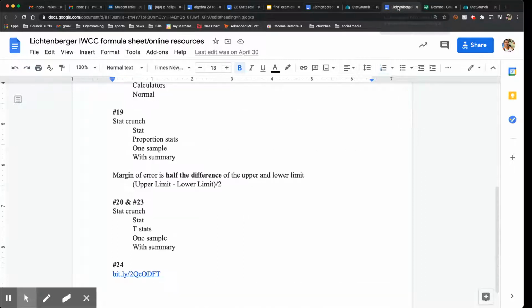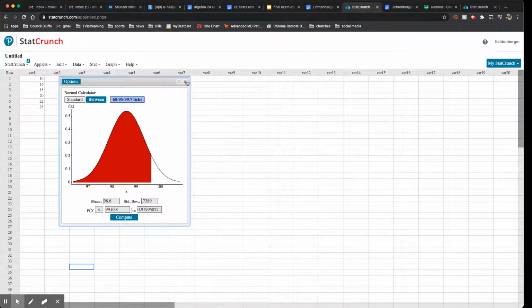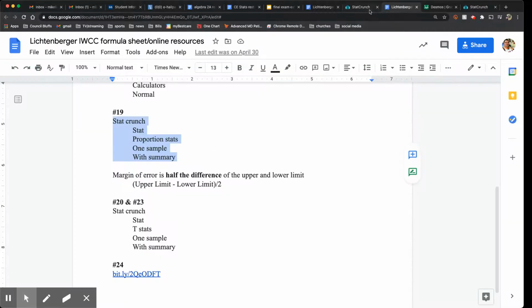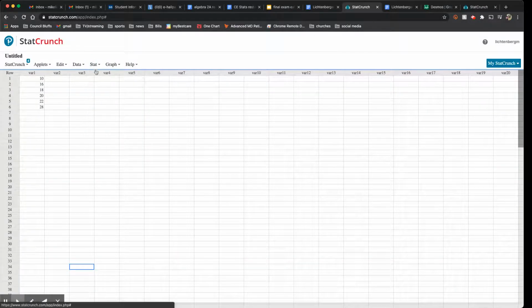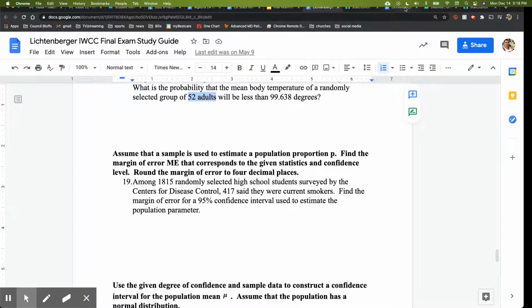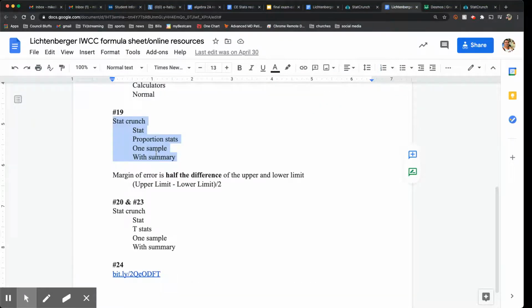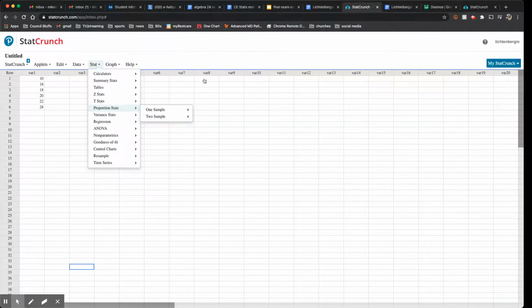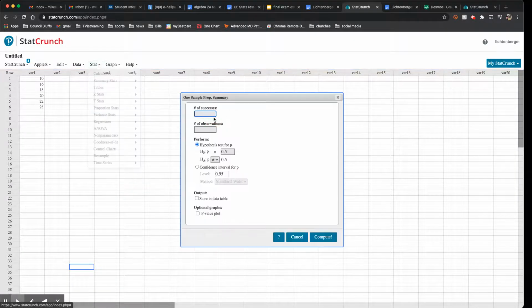So if we go back to our answer here to number 19, we are going to first go to StatCrunch. Okay, we're going to do a confidence interval. So we're going to go to Stat, Proportion Stats, One Sample, With Summary.